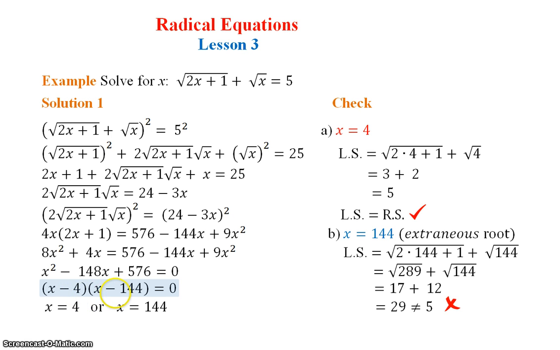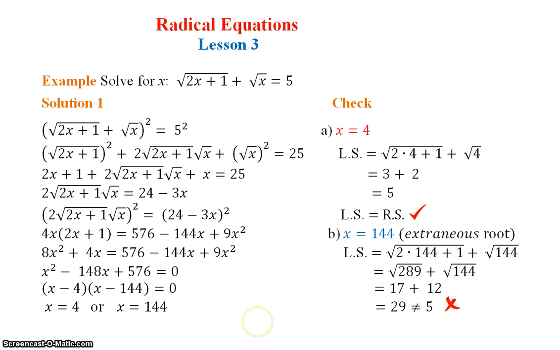The product of two factors equals 0 when either first factor equals 0 or second factor equals 0. X minus 4 equals 0 gives x equals 4, and x minus 144 equals 0 gives x equals 144.